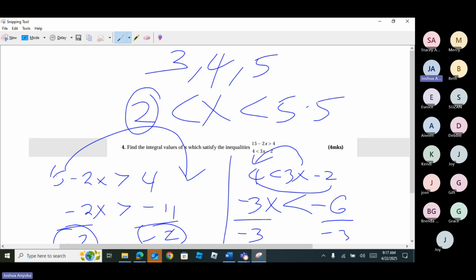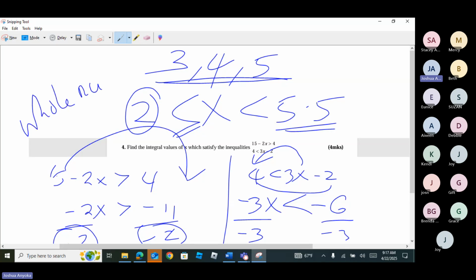We go to 5. And after 5, that's when we go to 5.5. So the integral values are 3, 4, 5. We don't include 2 because the inequality sign is less than. We don't include 5.5 because it is a decimal, and it is not an integral value. Integral value, we are referring to whole numbers satisfying a given inequality.